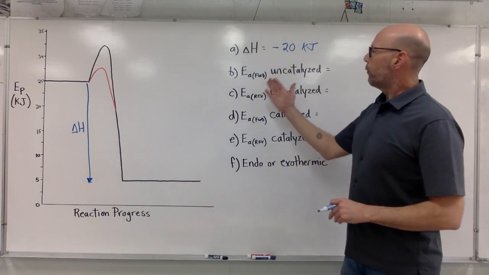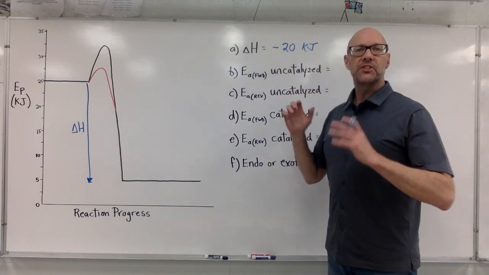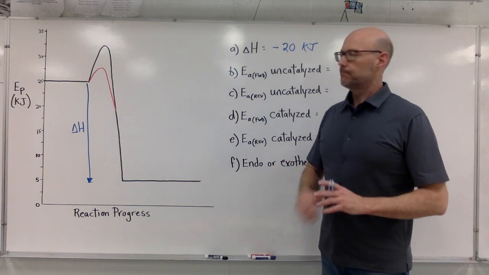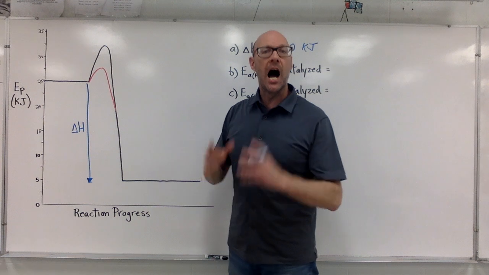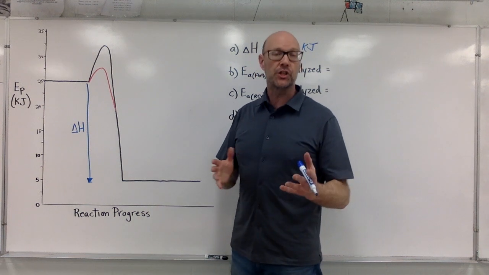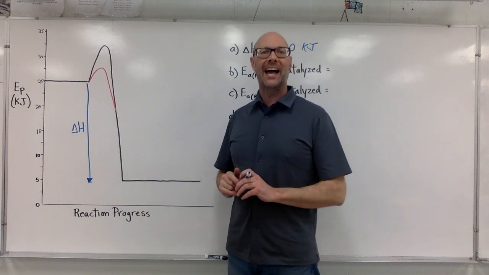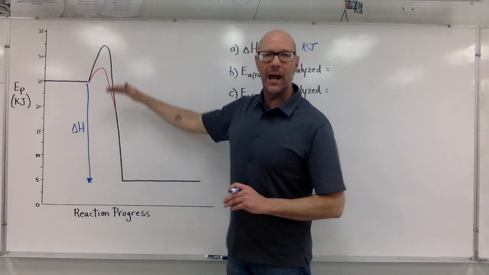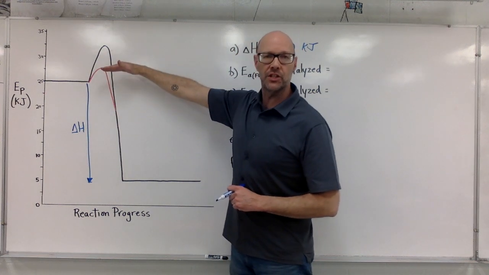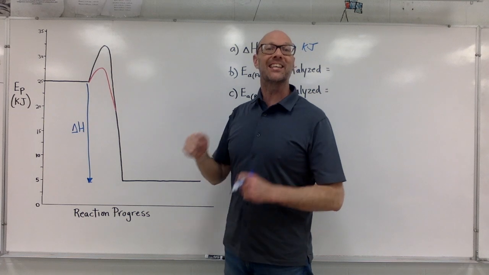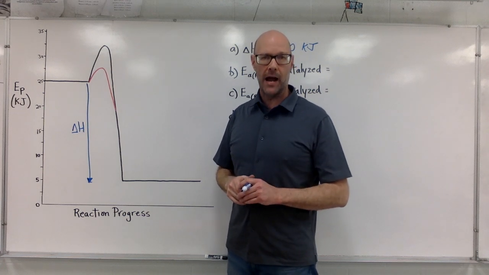The forward uncatalyzed activation energy. The taller part of the graph here is the uncatalyzed section of the graph without a catalyst. The one in red here, the alternate pathway, where the activation energy has been lowered, is the catalyzed part of the graph.